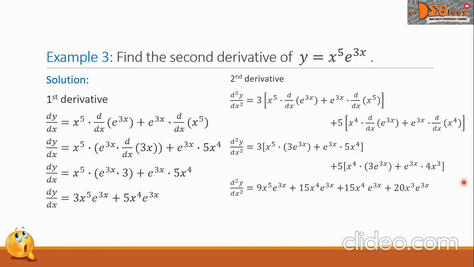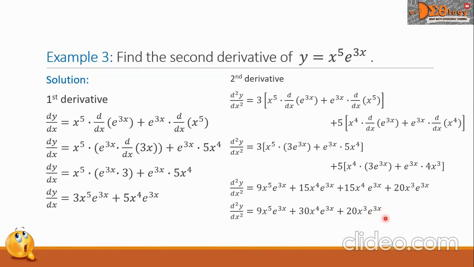On this line, please observe that the middle terms here are similar terms, so we can combine them. So we have 30x raised to 4 e raised to 3x for the combination of these two terms. On this line, please observe that there is a common factor, and the common factor is x cubed and e raised to 3x.